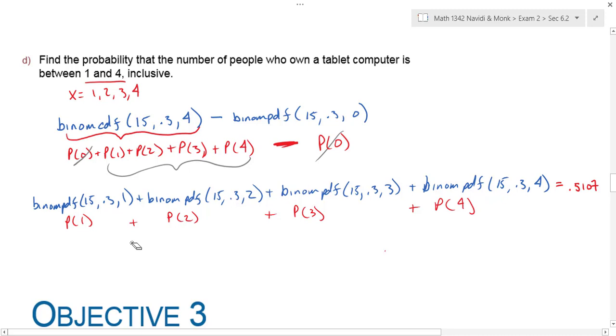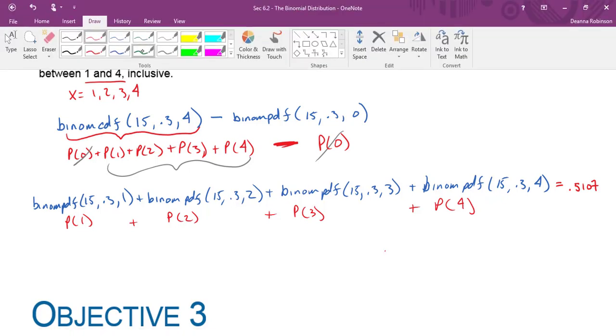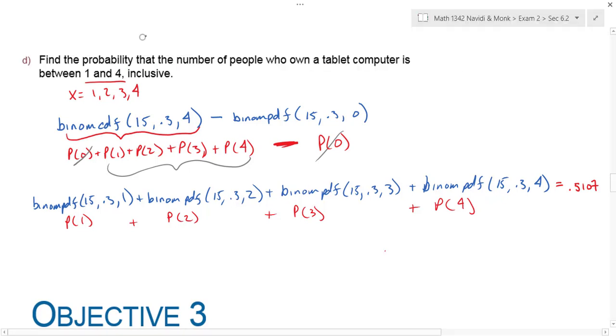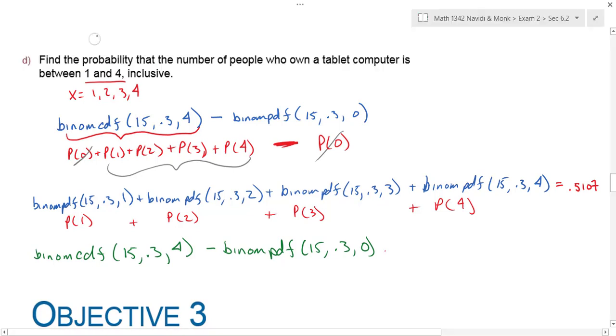Now I'm going to show you and write up the other way to do it with the CDF. With the CDF, I could do the binomial CDF 15, .3, 4 minus the binomial PDF 15, .3 and 0. What that CDF does is it finds the probability of 0 plus 1 plus 2 plus 3 plus 4. And then it subtracts from it the probability of 0, which is what I have up here.